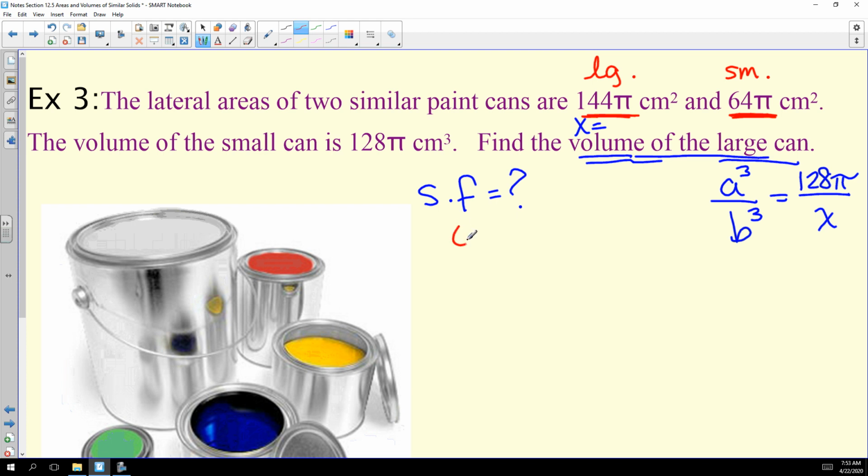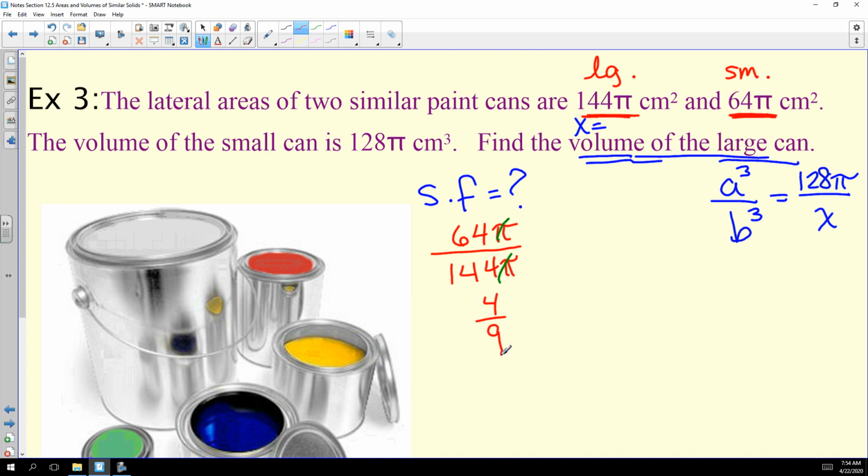So when I make this comparison, I'm going to say 64 pi over 144 pi. And of course you can cancel the pi's and just reduce that a little bit. And then reduce your fraction, 64 over 144. And when you reduce that fraction, you're going to get 4 over 9, right?